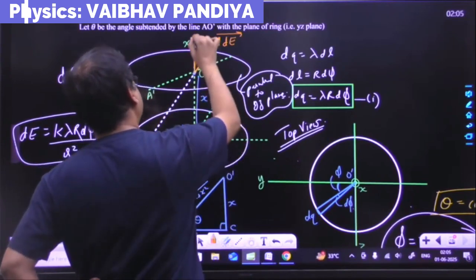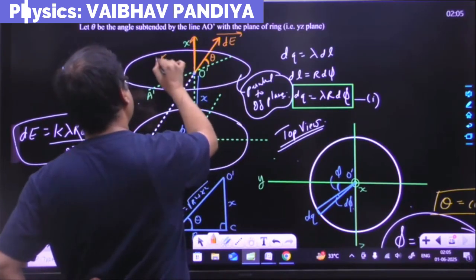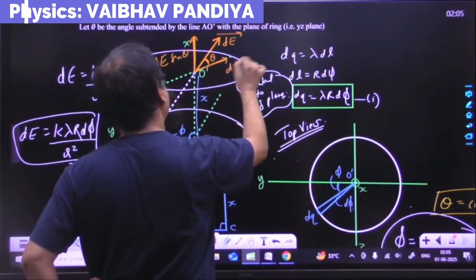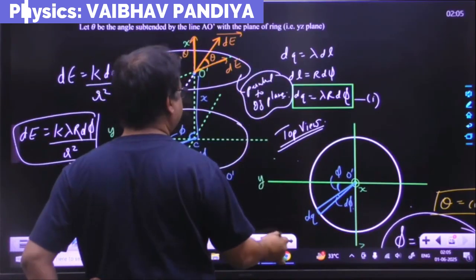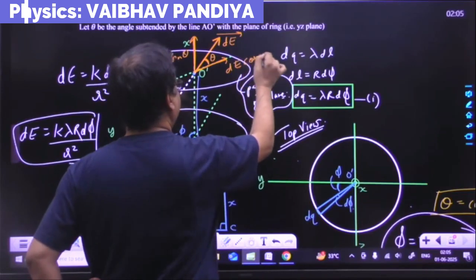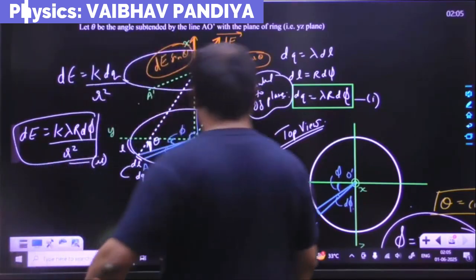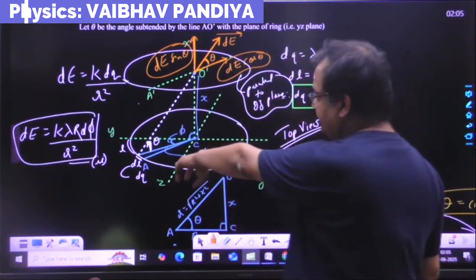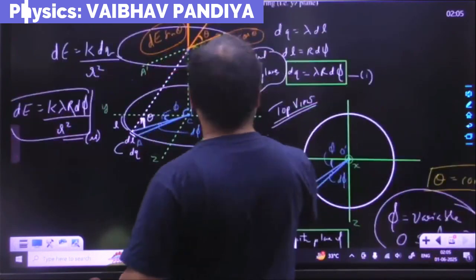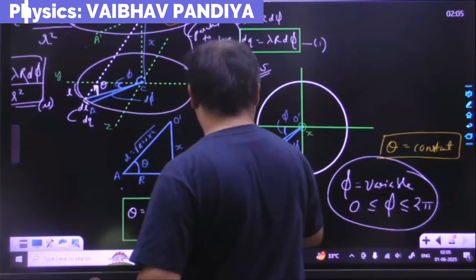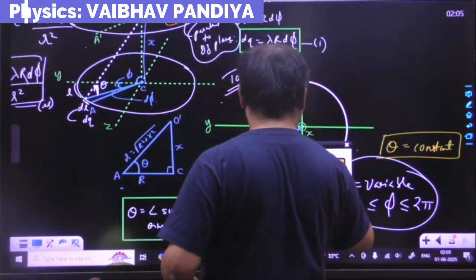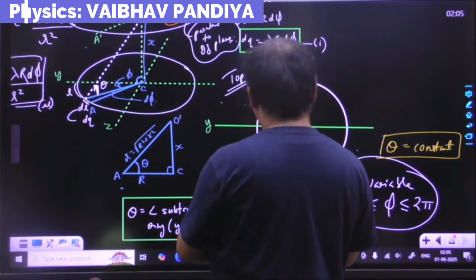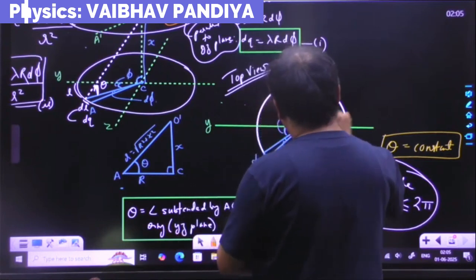So the vertical component will come to be dE sine theta, and the horizontal component will be dE cos theta, correct? As we did in the skill. The only difference is that in the skill I taught you, it was for a discrete point charge. Now instead of a discrete point charge, we have an elemental charge dq. If you see in this figure, dE cos theta is the component in the YZ plane. So this will be like this.